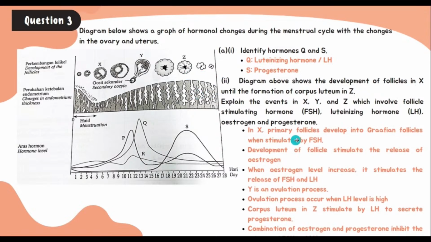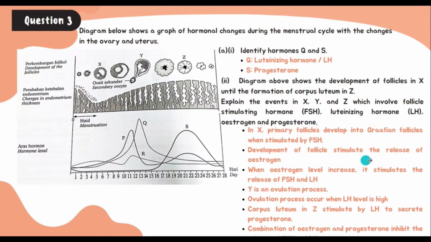In X, primary follicle develops into Graafian follicle, stimulated by the FSH, follicle stimulating hormone. That is our first point. Second point, what happened? When the follicle develops, the follicle will secrete estrogen.